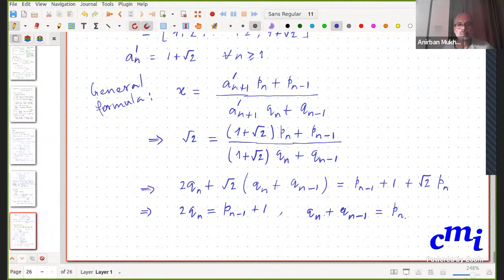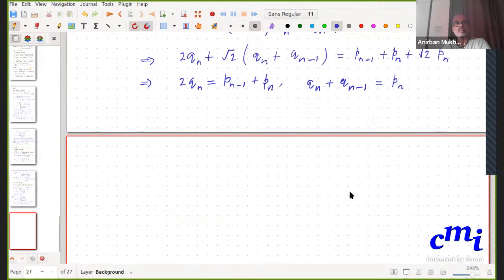Oh, I think I wrote something wrong. Oh yeah, no, this is not 1. This Pn is multiplied with. So this is Pn, it's not 1. Yeah, it is Pn. So we have these two equations.